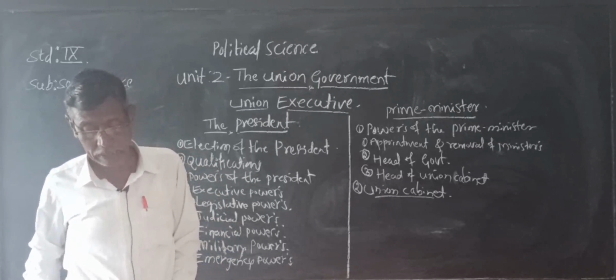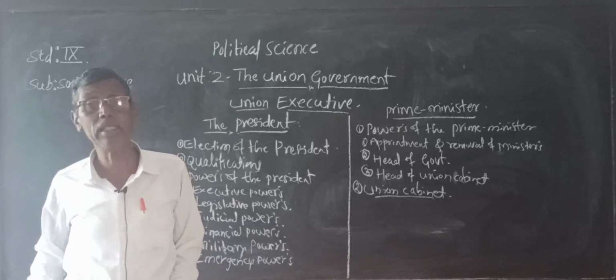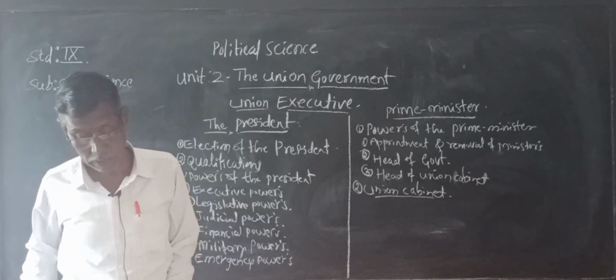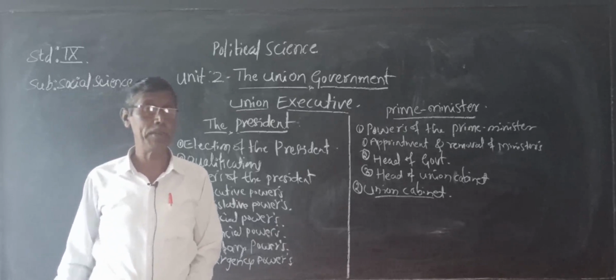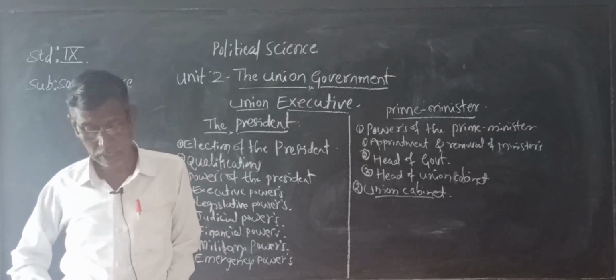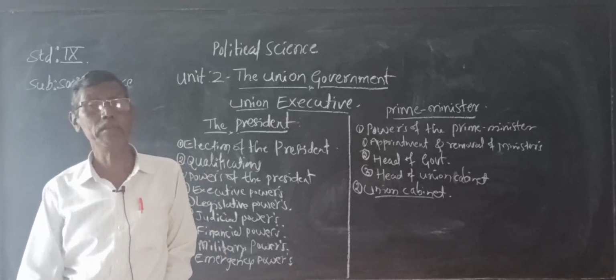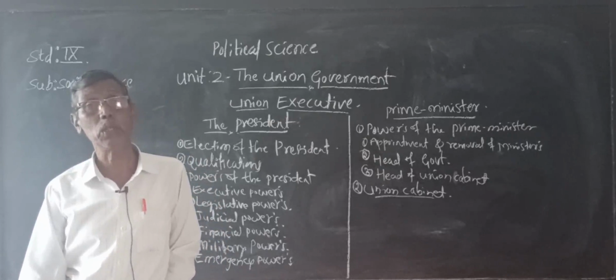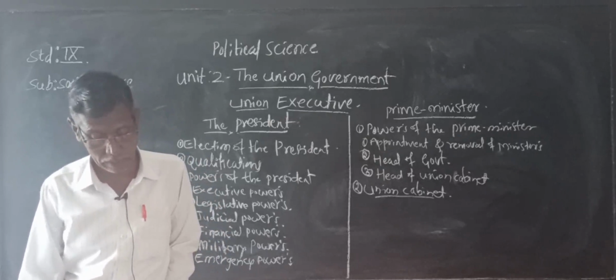The maximum strength of the Union Cabinet is 15% of the total strength of the Parliament.